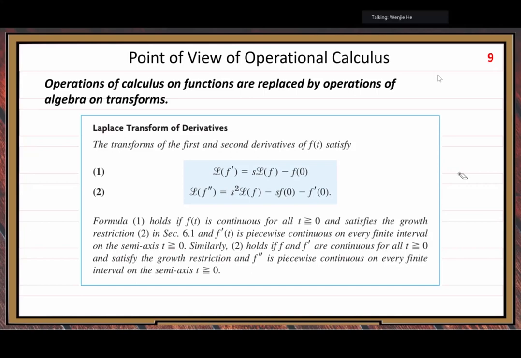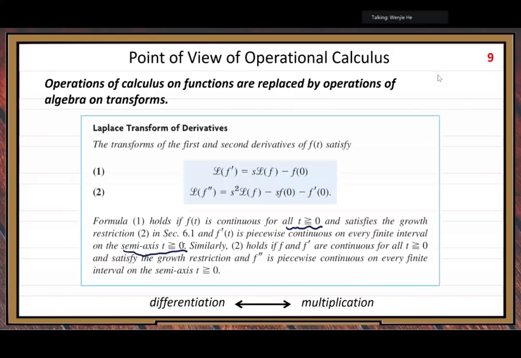Formula 1 holds if the function f is continuous on that semi-axis and satisfies the growth restriction. We learned that growth restriction.